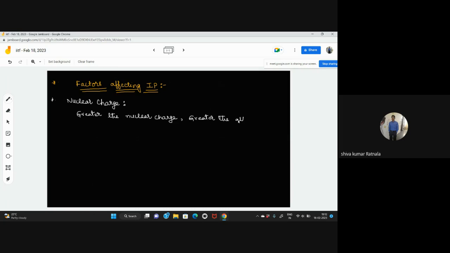Greater the nuclear charge, greater the attraction of the nucleus on the valence electron, so that to remove the electron, more energy is required.